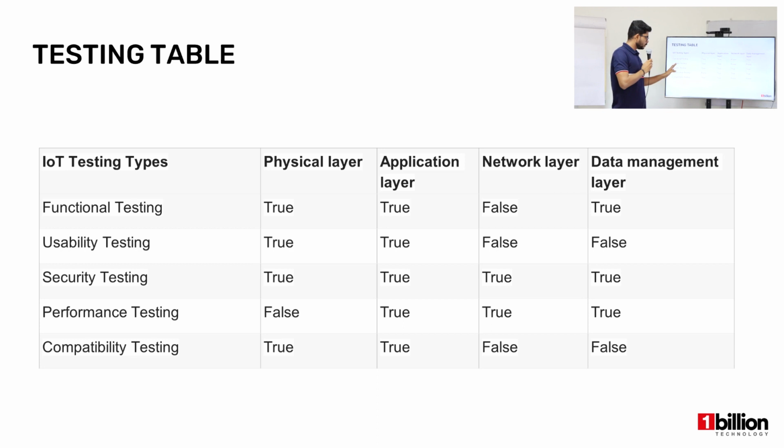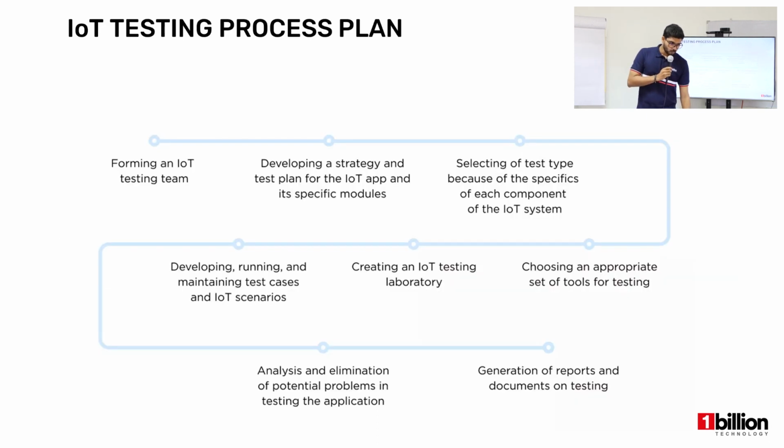Usability testing is only applicable in the physical layer and application layer. We apply security testing in every layer. Performance testing is done in the application, network, and data management layers. And compatibility testing is done in the application, physical, and application layers. So those are the IoT testing types.